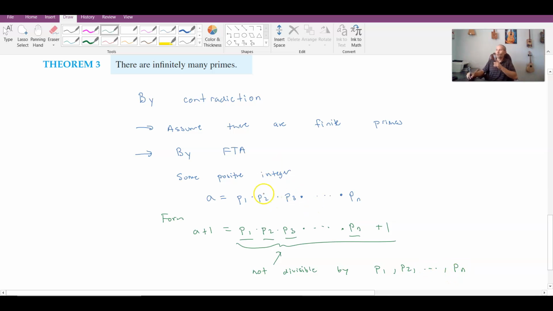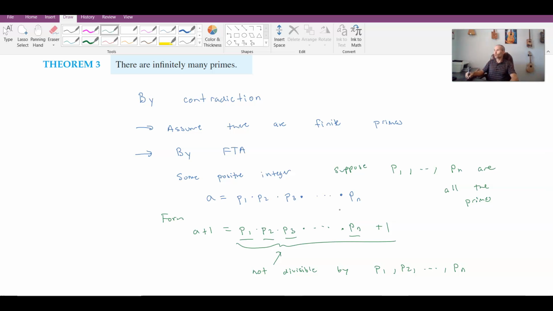Okay, and I should have pointed out, let's just say that these were all the primes. I mentioned that these could be repeats, but let's suppose p1 through pn are all the primes. So in other words, what I'm doing here is I'm multiplying all these primes together.